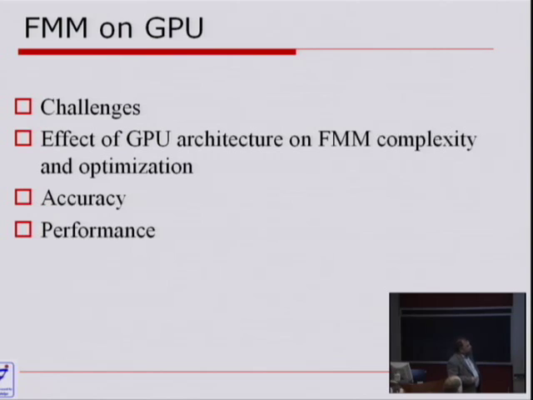For the FMM on GPU, of course, there are a lot of challenges, and what we found, which is important, is that the GPU architecture substantially influences even the FMM complexity and optimization and how the FMM works. Then I will speak about accuracy and performance, very briefly.